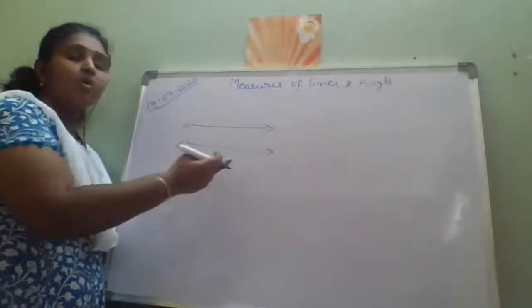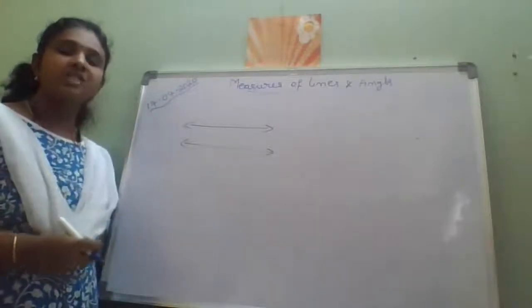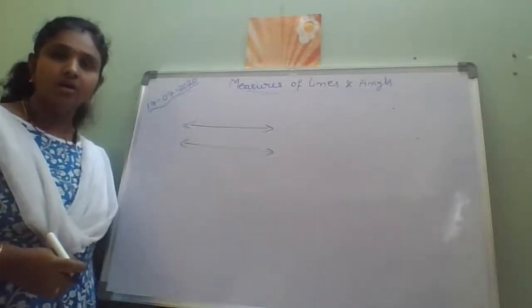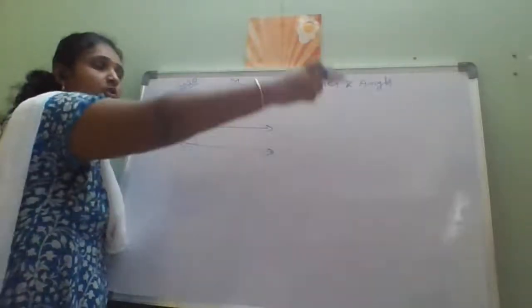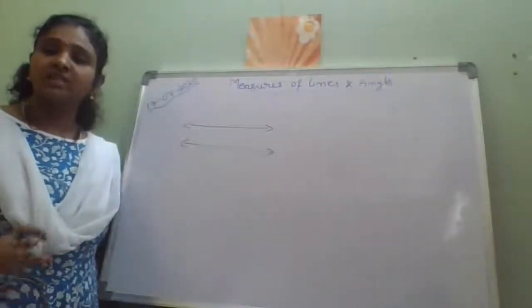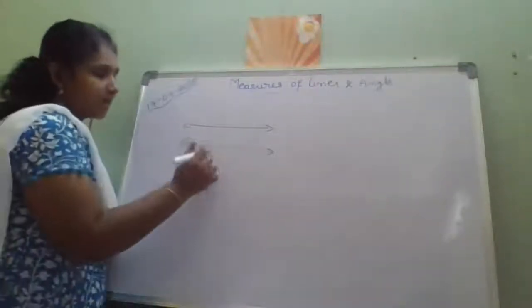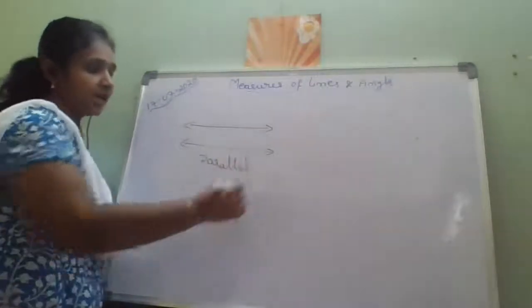There is no common point in these two lines. This line is going infinitely, this line also going infinitely. These types of lines are called parallel lines.